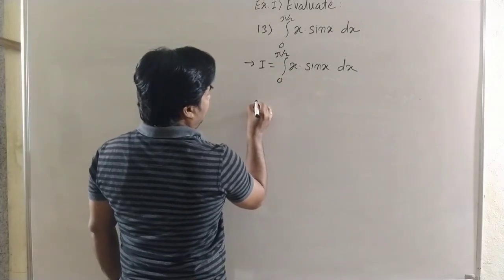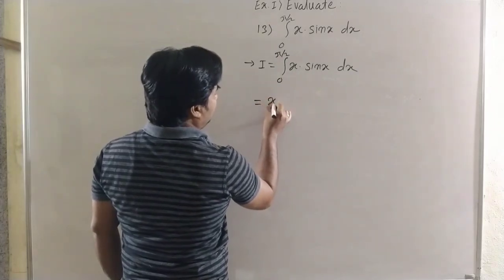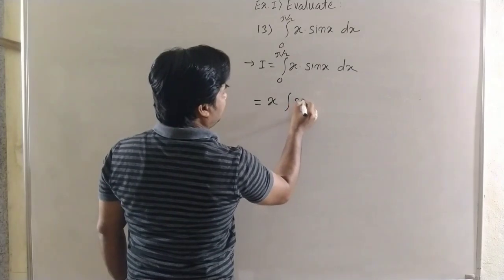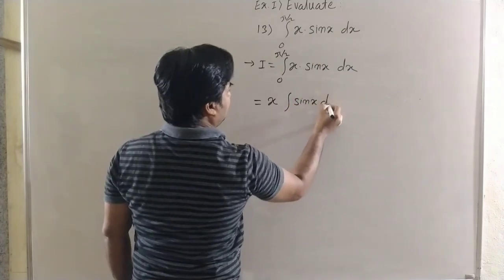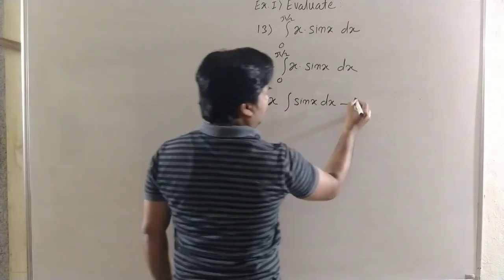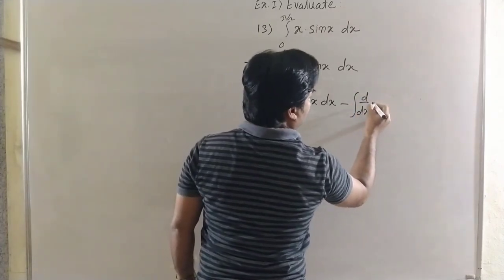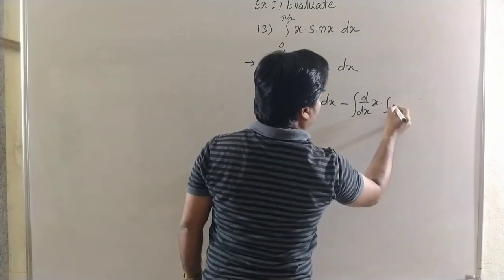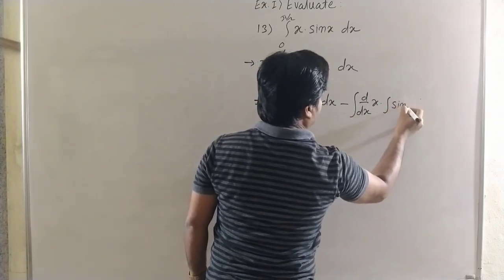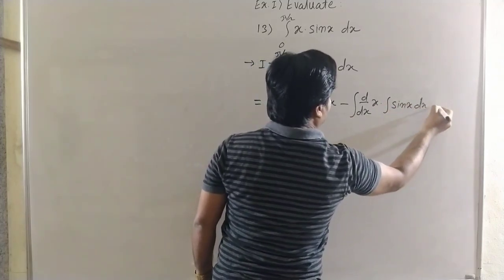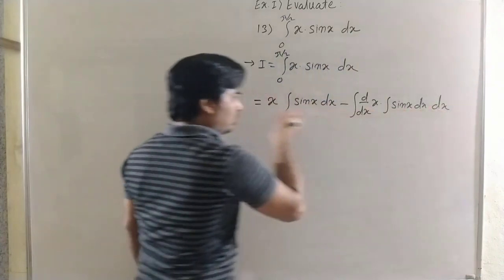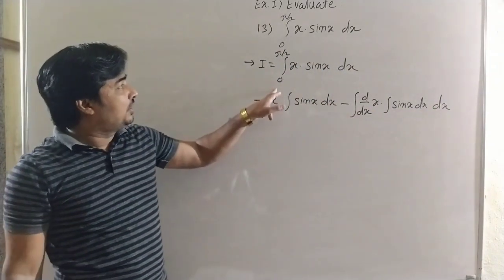Then we can write the formula for u into v: u into integral of v minus integral of derivative of u into integral of v dx.